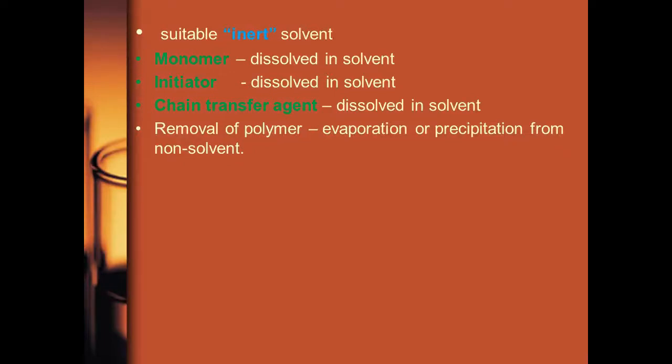So we have to remove the polymer, and the polymer can be removed in two ways. Number one is evaporation. By evaporating the inert solvent, we can get the polymer, or we can precipitate the polymer from a non-solvent.